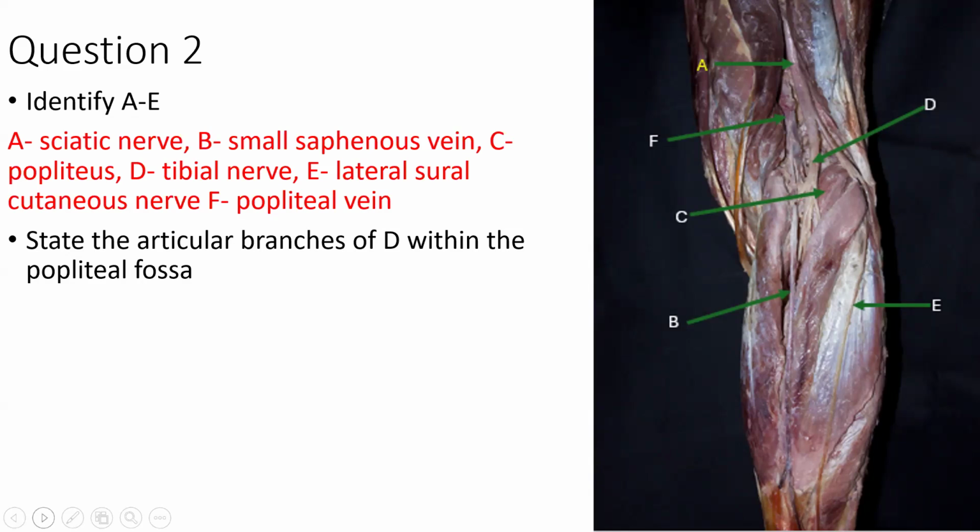Please repeat on sural and sural communicating. Sural nerve is the only cutaneous branch of tibial nerve within the popliteal fossa. Okay, so sural nerve comes from tibial nerve, but sural communicating comes from the common peroneal nerve, and it joins.